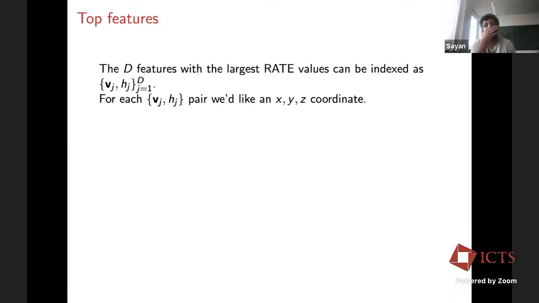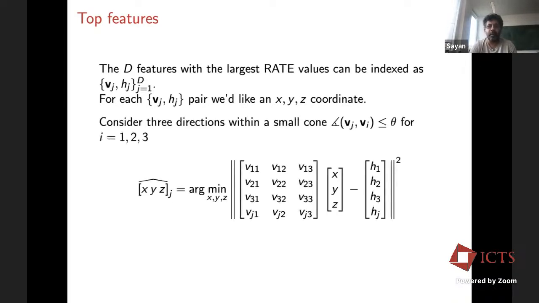So here's what you can think about. The D features with the highest rate values can be indexed as a direction and a depth. So now for each direction and depth, you need an XYZ coordinate. So you're really missing one value, right? So one way you can think about it is take a small cone and try to solve this linear algebra problem, right?